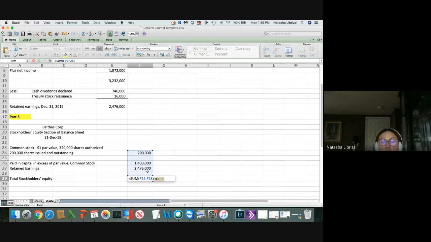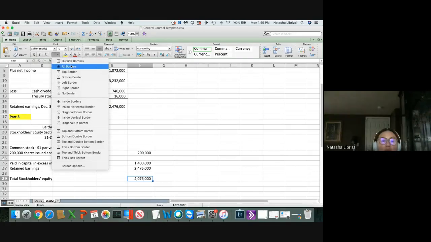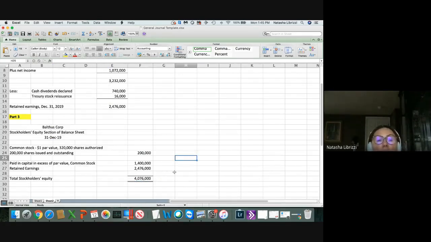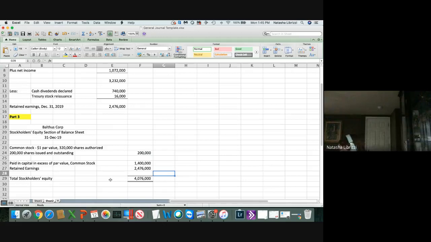There's no decrease. Treasury stock would decrease my stockholders' equity, but I don't have any, so I can just add everything up. But otherwise, it would be the case. All right, so that's part 3. This is my stockholders' equity, and we are done with this problem.